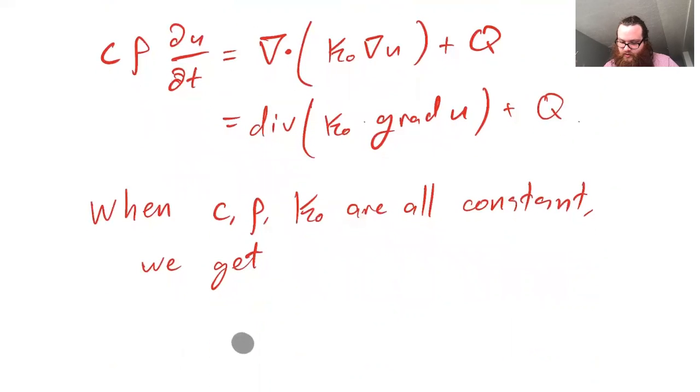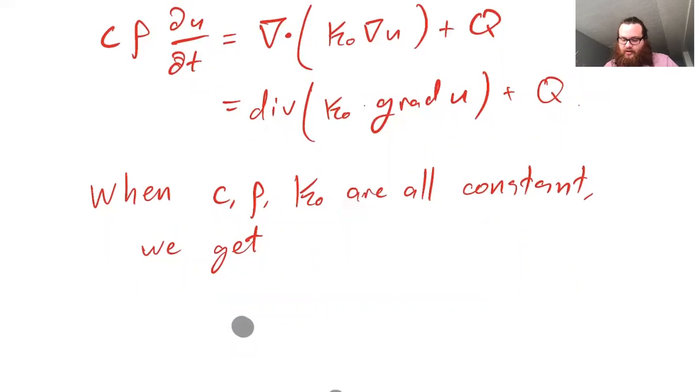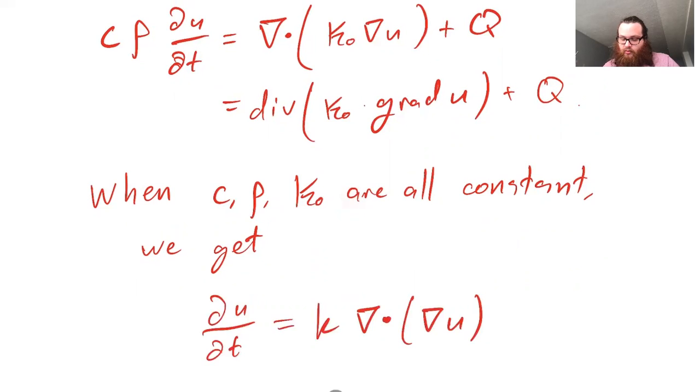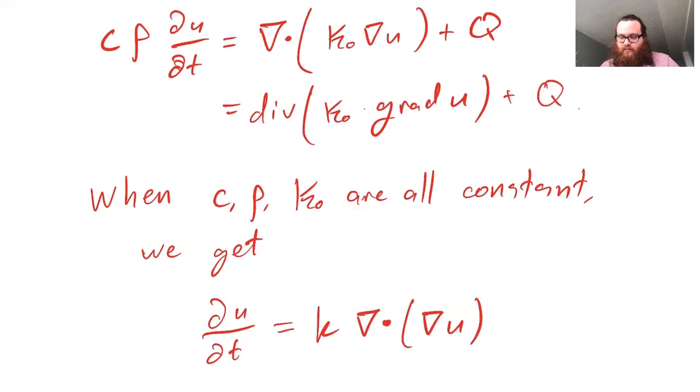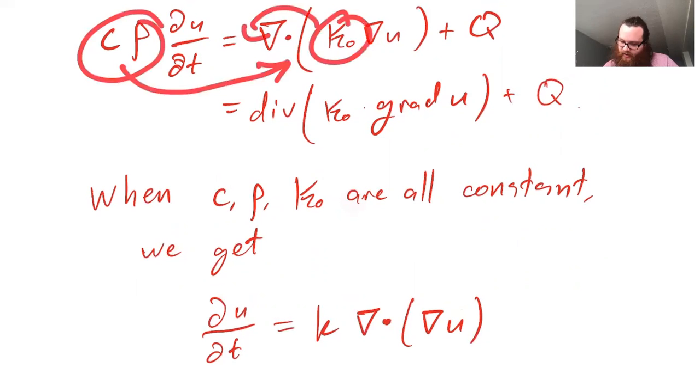So the specific heat, mass density, and this diffusion coefficient all depend on the material. In the event that C, rho, and K0 are all constant, this expression simplifies a bit. Move C rho, divide through, move this K0 out in front.